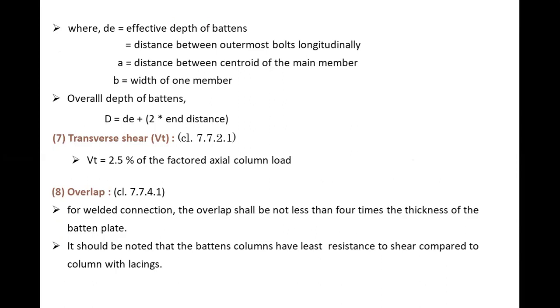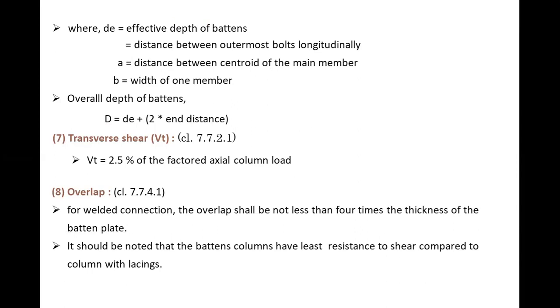So the overall depth of batten D is equal to DE plus 2 multiplied by the end distance. Next is the transverse shear, VT, given in clause 7.7.2.1, where VT is equal to 2.5% of the factored axial column load. Next is the overlap, given in 7.7.4.1.